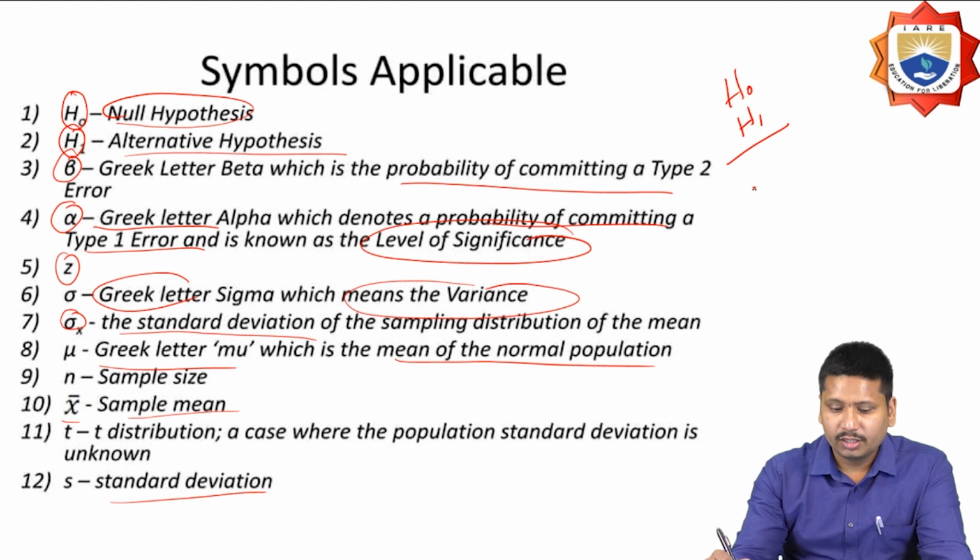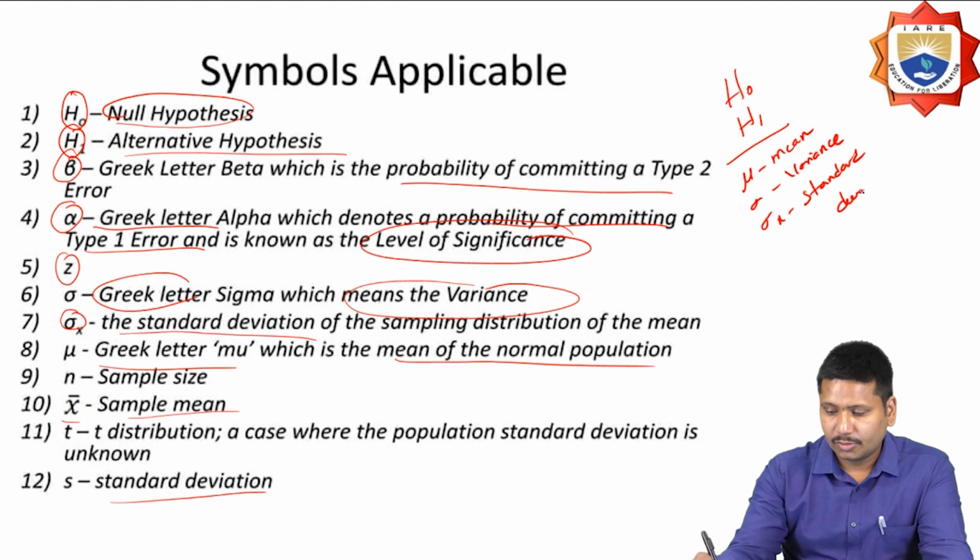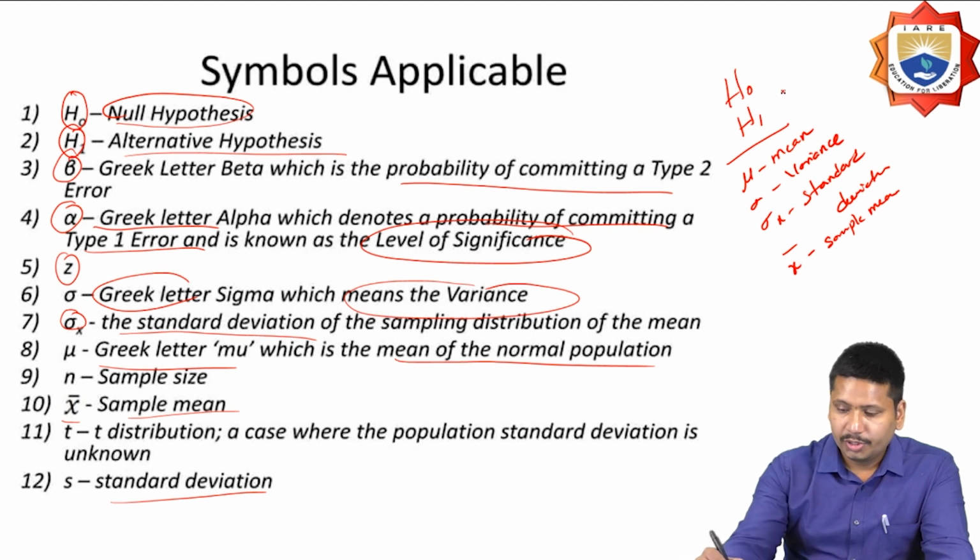Once you define the null and H1, we have symbols like mu, which I already covered in the previous video, meaning the mean, and sigma, the variance, and sigma x, the standard deviation, x bar, the sample mean, and n, the sample size.